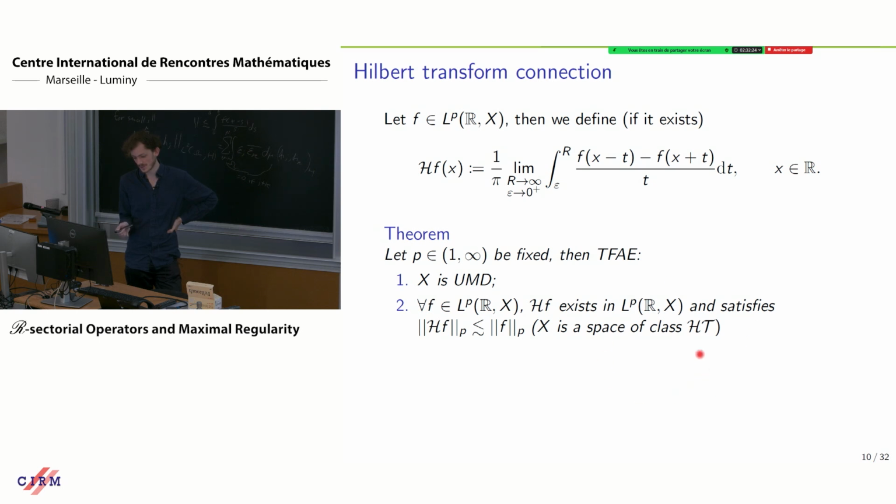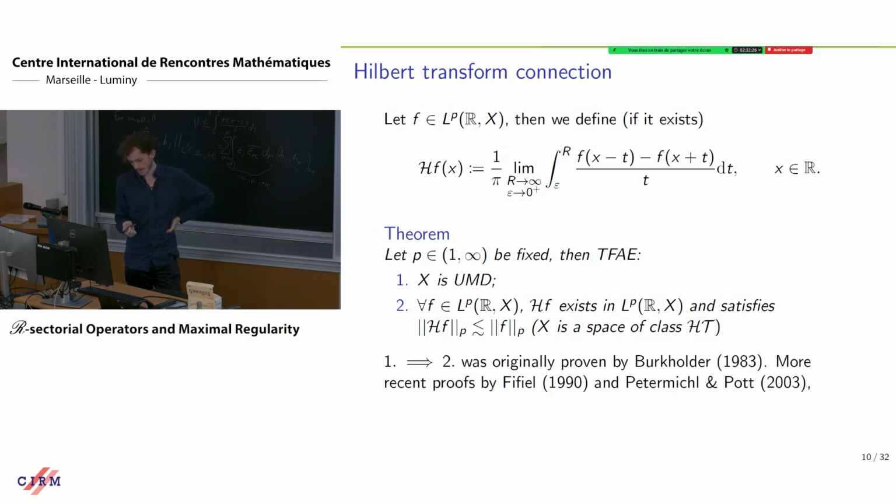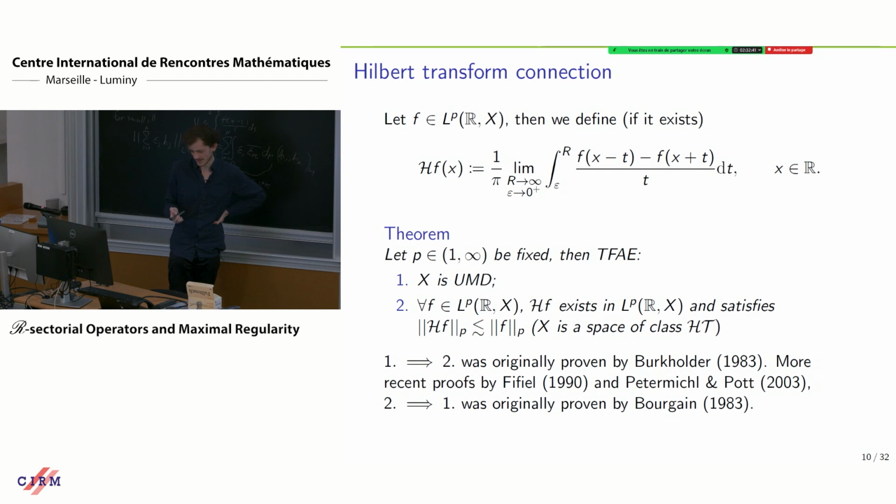This is also named class HT space. So 1 implies 2 was proven by Burkholder, and then the other way was proven by Bourgain.